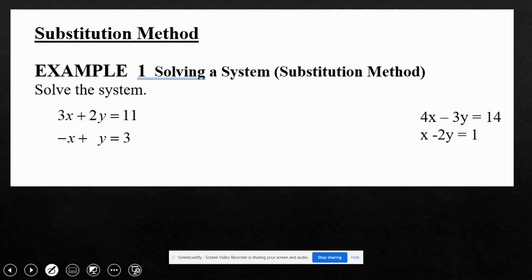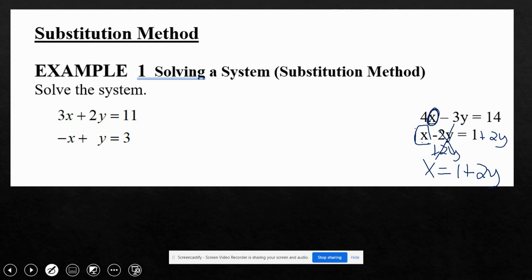All right, for this second example, we had said we were going to try to get this x alone. So I'm going to add the 2y over. So that's x equals 1 plus 2y. That 1 plus 2y is going in right here for this x in the top equation.